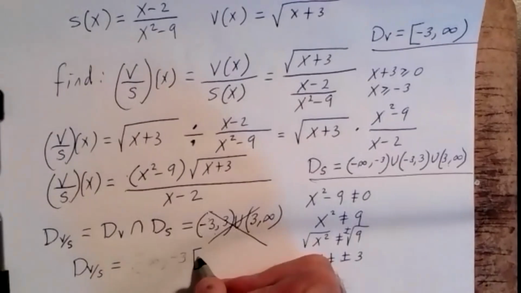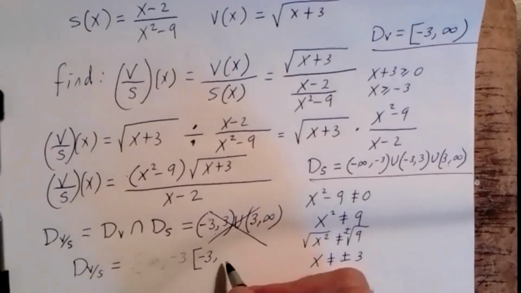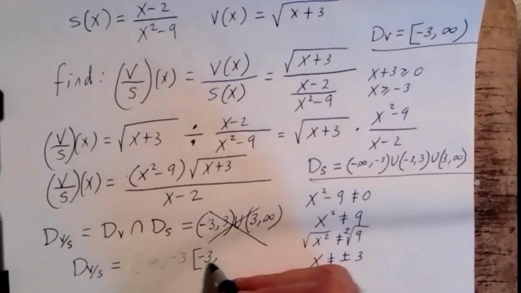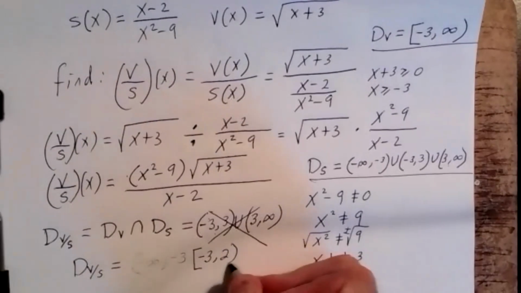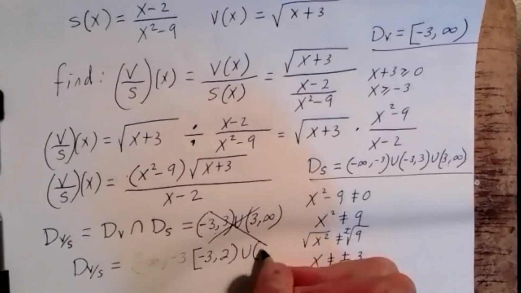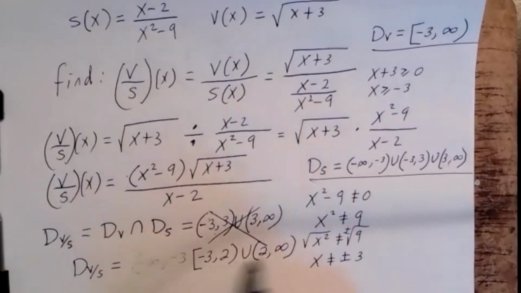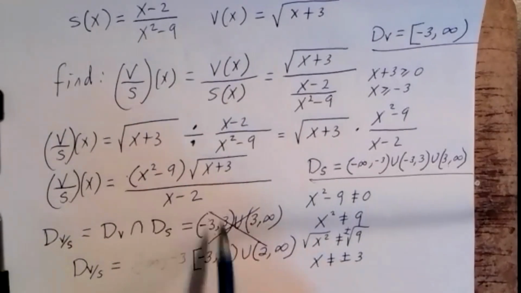Okay, well, we'll do that. -3. Up to what though? Remember, we must exclude 2 from the domain because your denominator would become 0 if x is 2. So we could go from -3 up to 2, but not including 2, in union with not including 2 up to positive infinity. This would be the domain of this quotient function here.